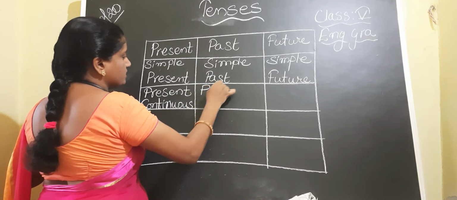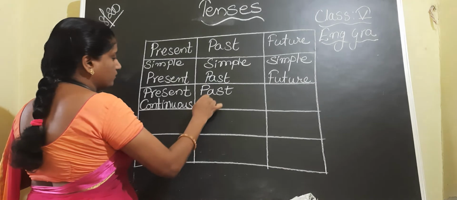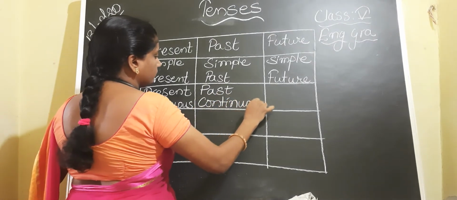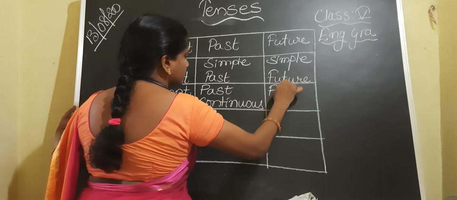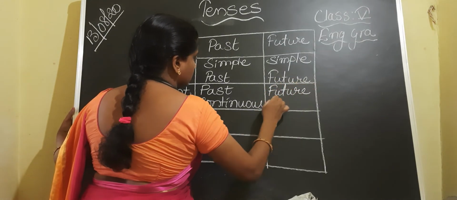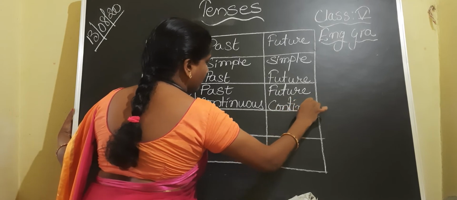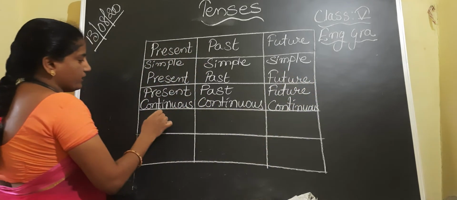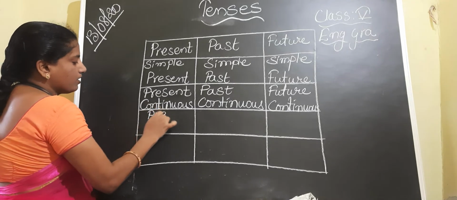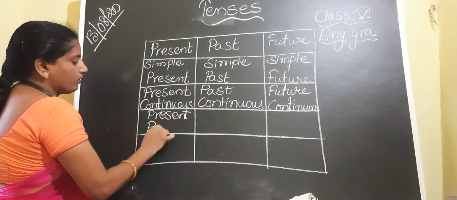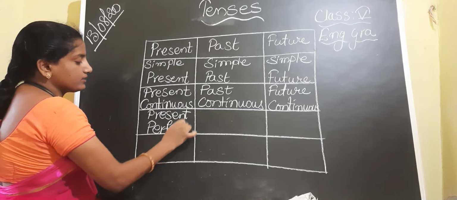Next children, perfect. All the perfect tenses.